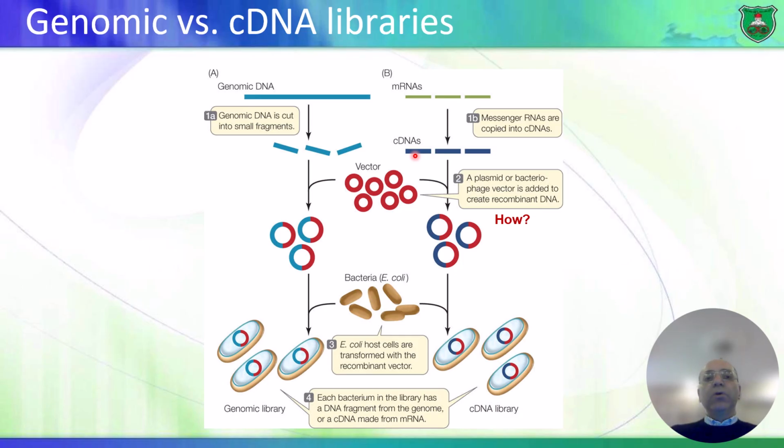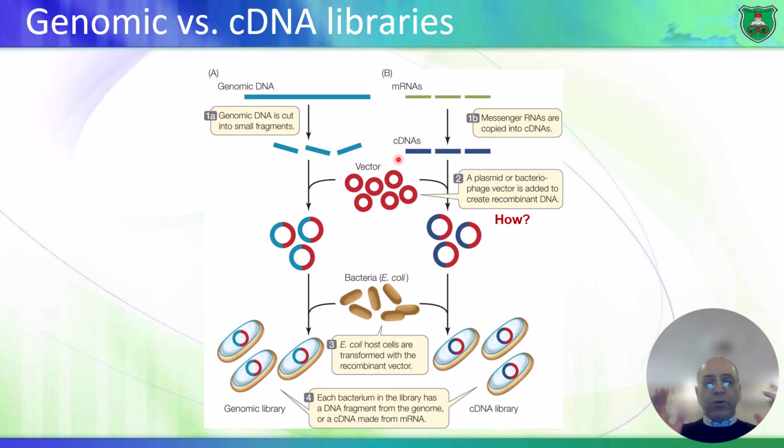These are called cDNA molecules, complementary DNA because they are complementary to the messenger RNA molecules. So we convert mRNAs to complementary DNA molecules, and we use a special enzyme known as reverse transcriptase. Reverse transcriptase is a viral enzyme.